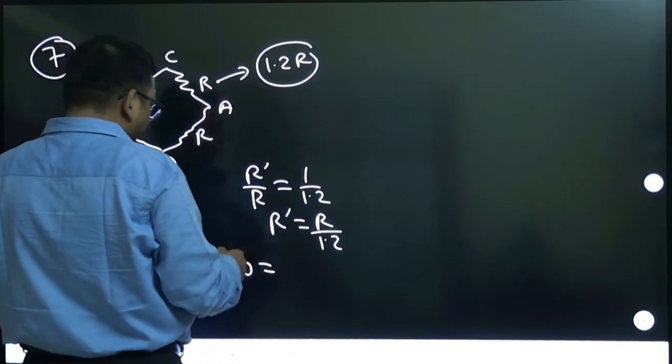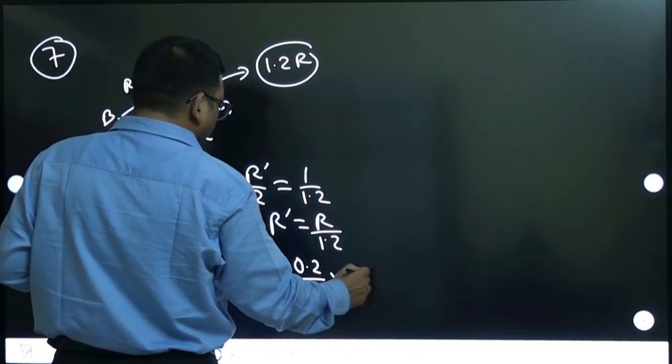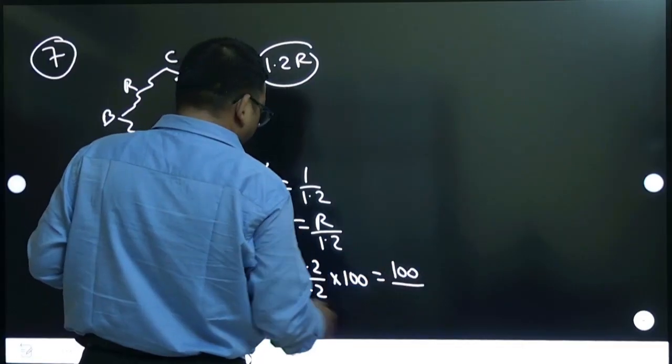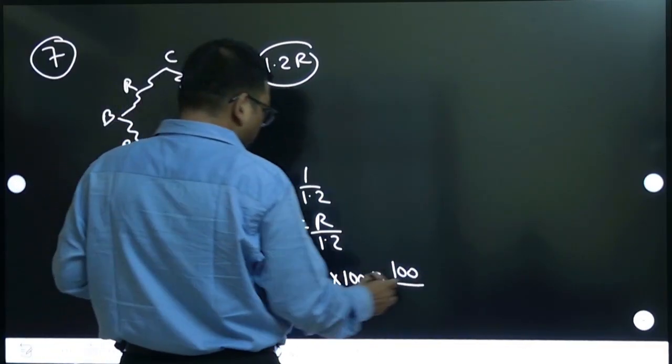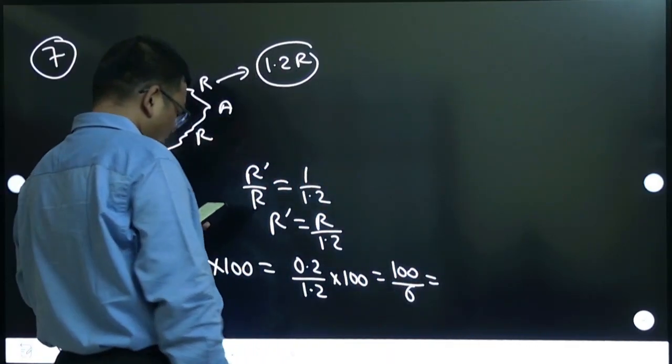So R and R will get cancelled. 0.2 divided by 1.2 into 100. This is 100 by, this got cancelled, 2 by 6. 100 by 6. 100 by 6 is how much?